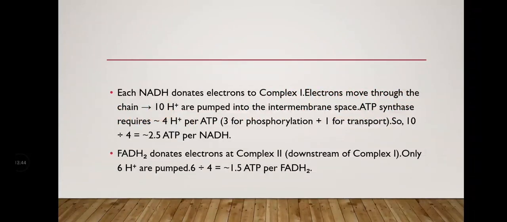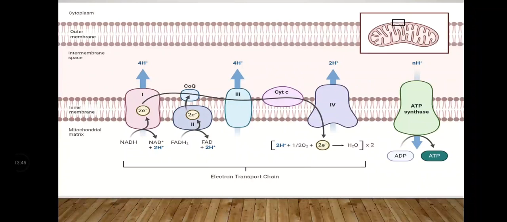And if you remember, when NADH enters here, its electrons start from this point. So it means that by the time these electrons are reaching here, it would have pumped 4 protons at complex 1, 4 protons at complex 3, and 2 protons at complex 4, which means that in total it pumps about 10 protons as it moves from complex 1 to complex 4.